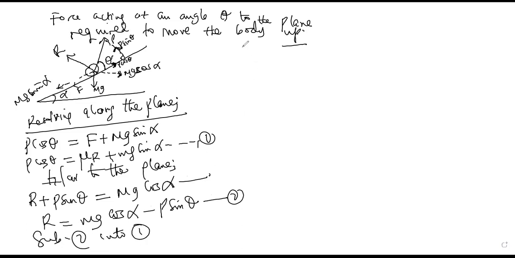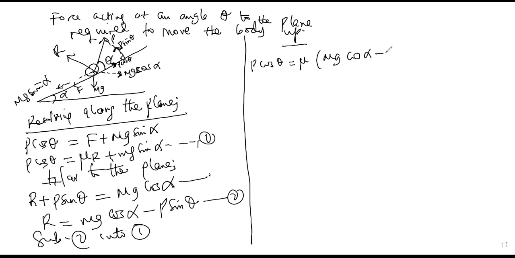Yes. What shall we be having? P cos theta is equal to mu R. R is mg cos alpha minus P sin theta.